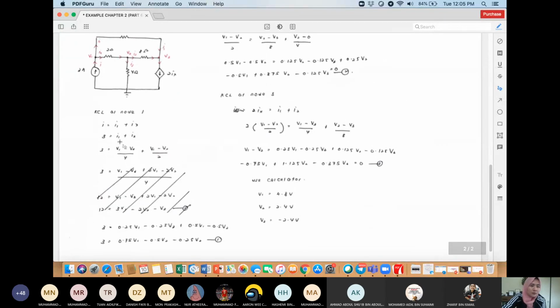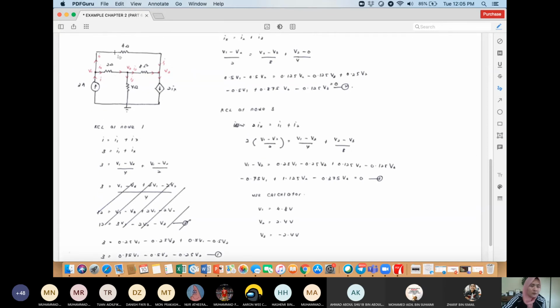I1 is V1 minus V3 divided by 4. Ix is V1 minus V2 divided by 2. Get it?